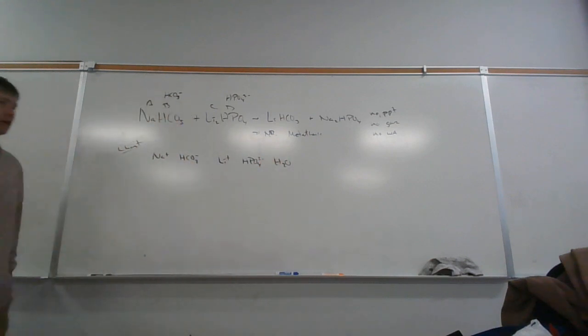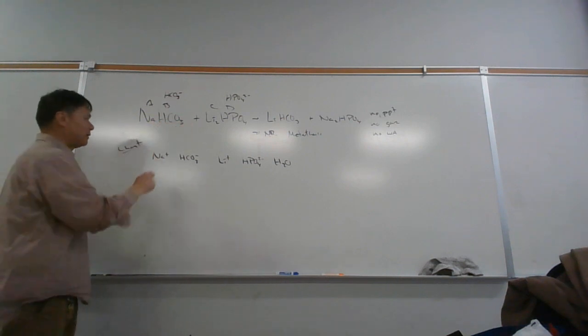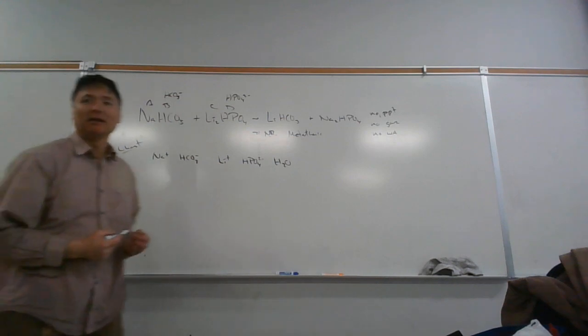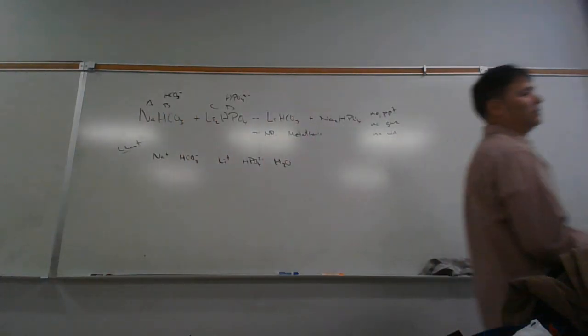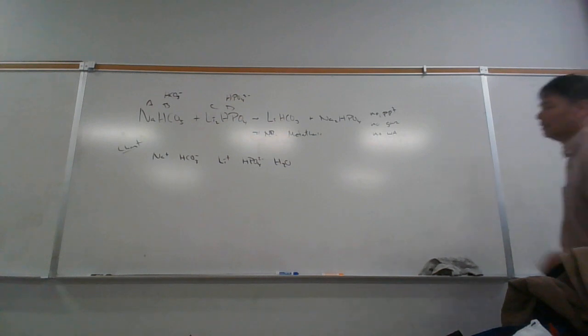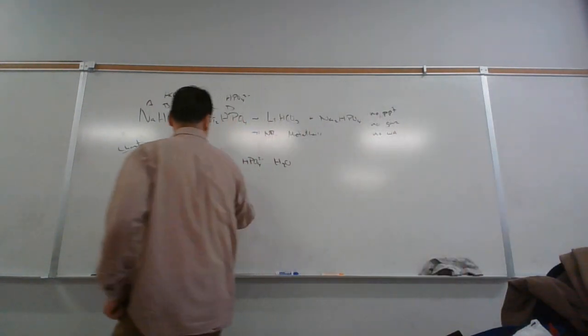And then we look, are any of these species on there? Yeah, lithium is on there. You should know lithium ion because it's going to be the best or the worst on the chart. Yeah, it's going to be the worst oxidizer on the chart. It's at the bottom. But it's an oxidizer, so we'll just put it there.